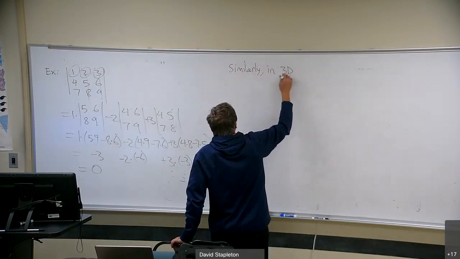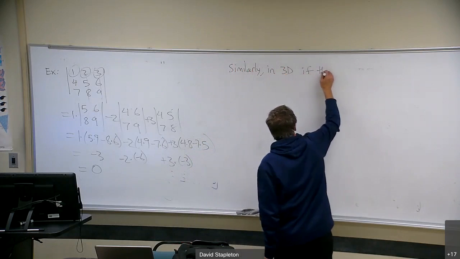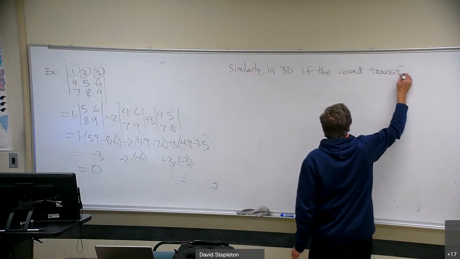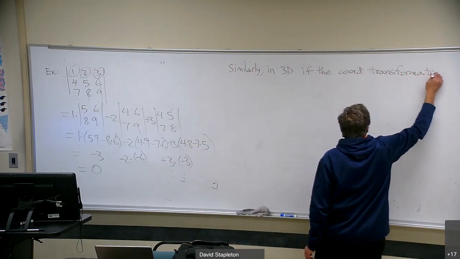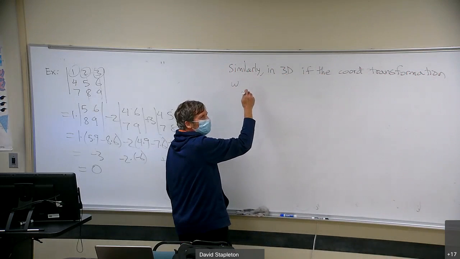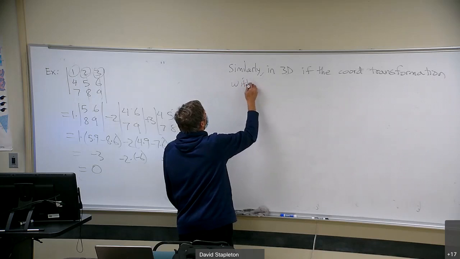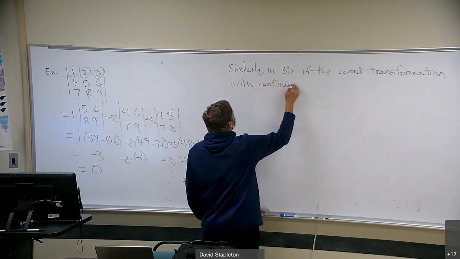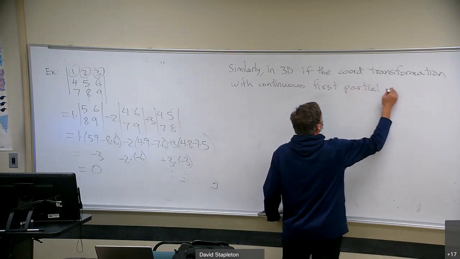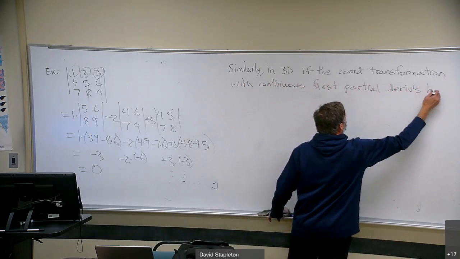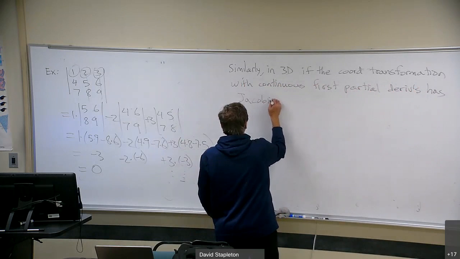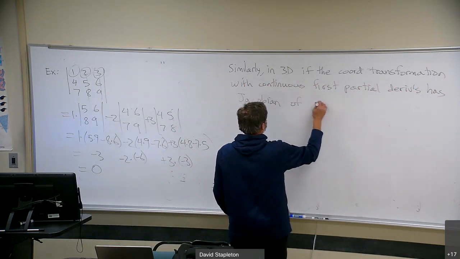In 3D, if the coordinate transformation with continuous partials has a Jacobian, this 3x3 determinant, of one sign, either positive or negative, on the whole region.